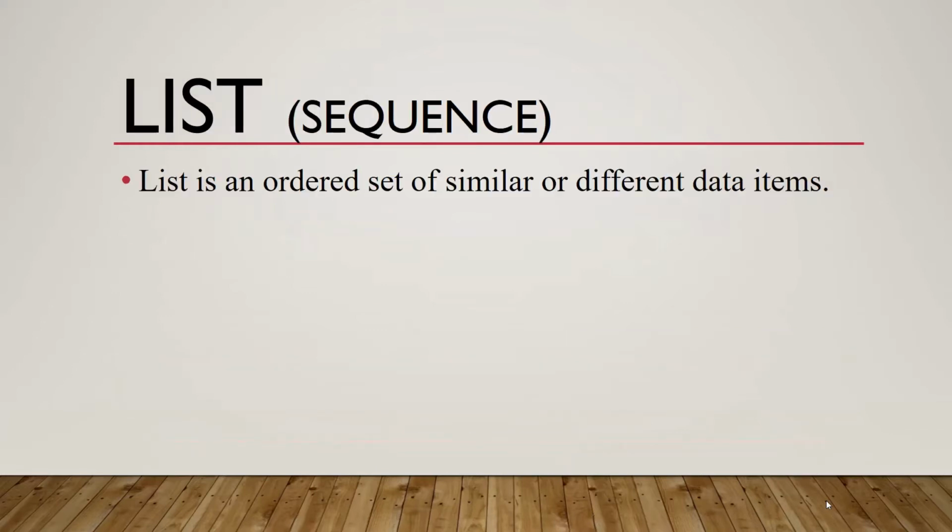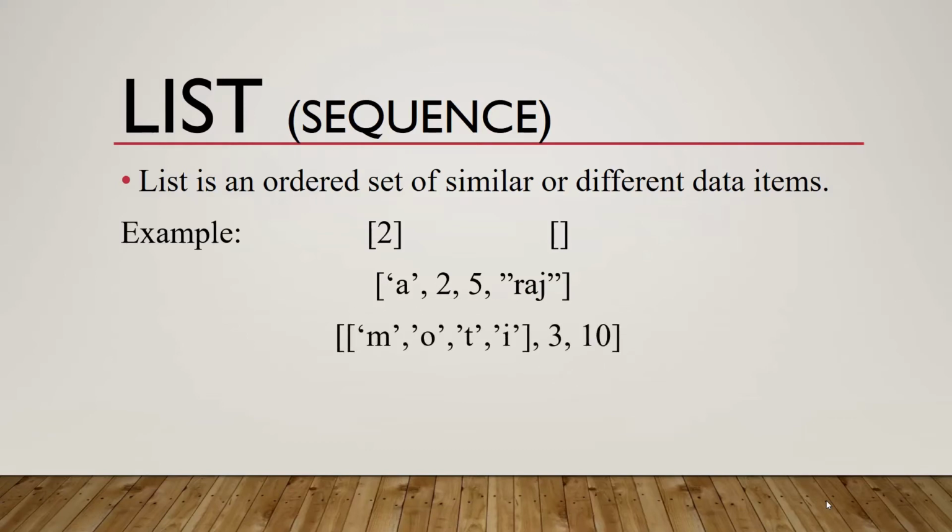Now what is a list in Python? A list is a collection of similar or dissimilar data items. Lists are comma separated values enclosed within square brackets. We can create a single valued list, empty list, multi-valued list or nested list. Lists can also be indexed in forward and backward manners, and the elements can be accessed similar to strings.